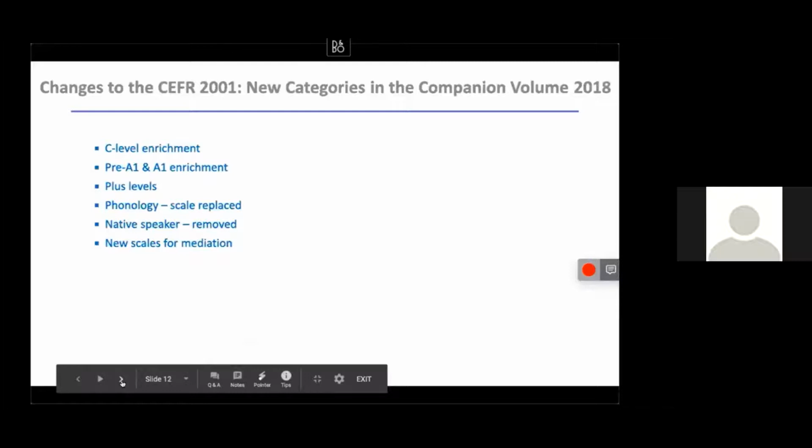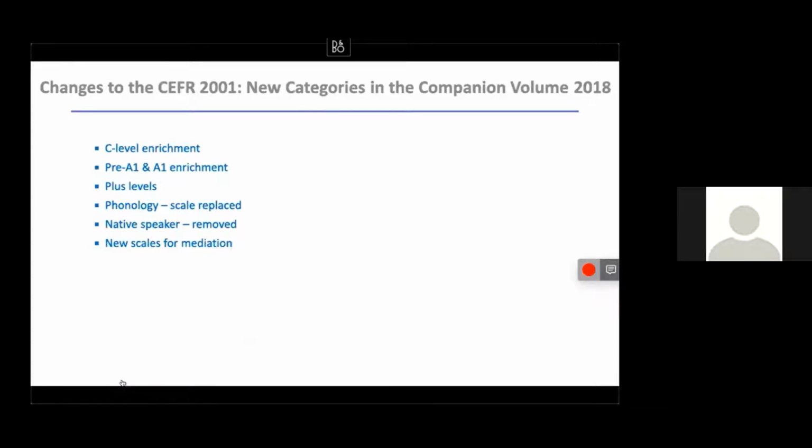Having done that, it is important to know that the Common European Framework, published in 2001, has been around for 20 years, but changes have been made to the publication, because 20 years after the publication, there's always the need to respond to criticism, but also to respond to the new developments that have been observed in the field.